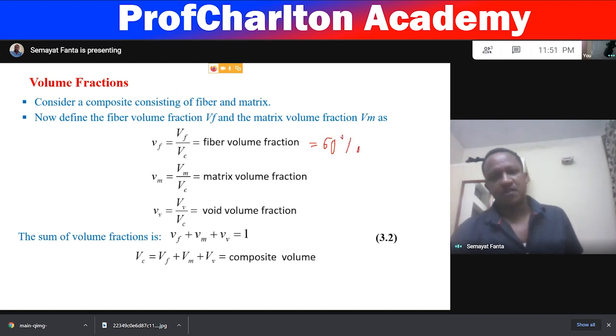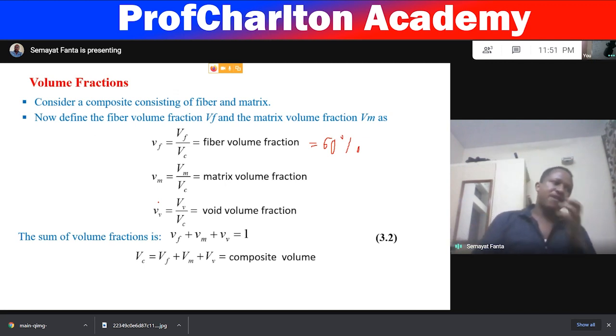Okay, so volume of matrix is represented with volume fraction of fiber, volume fraction of matrix, volume fraction of void.